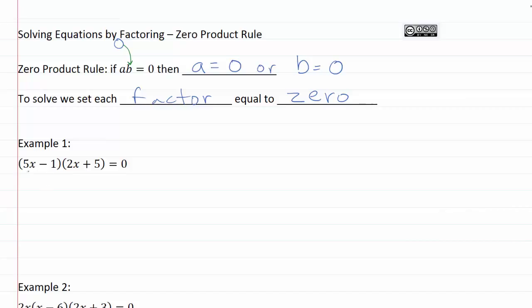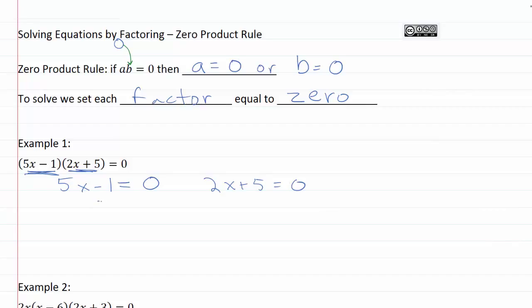So here we've got 5x minus 1 times 2x plus 5 equals 0. So here's my first factor, and here's my second factor. I'm going to take each of these and set them equal to 0. 5x minus 1 equals 0, 2x plus 5 equals 0.